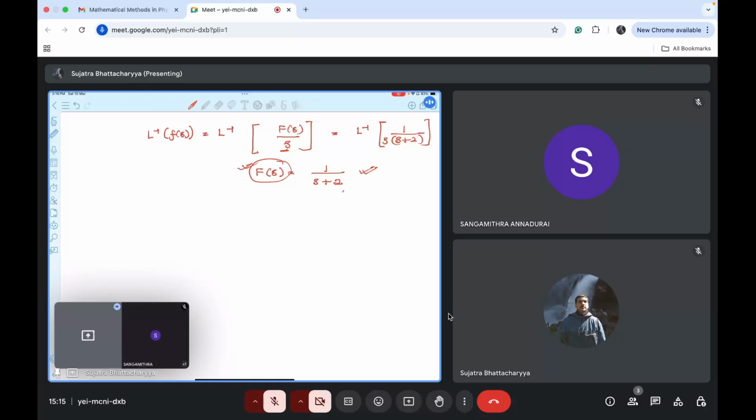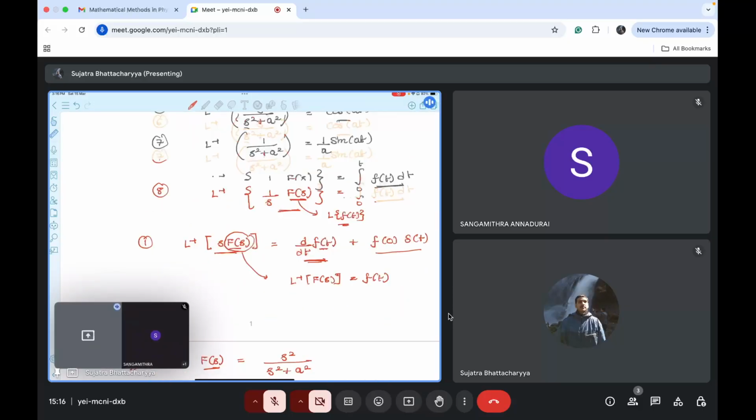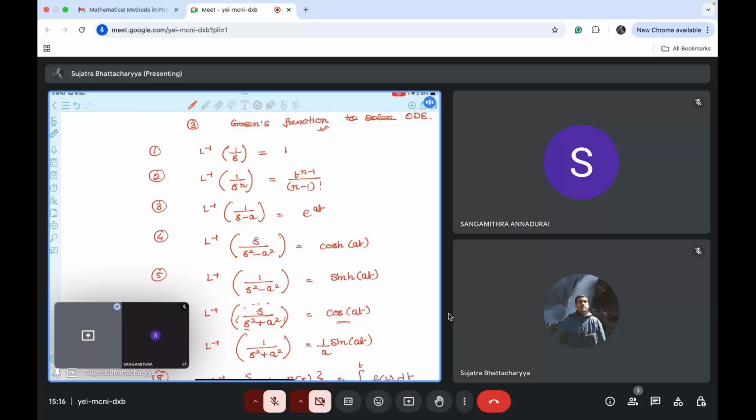That's all. So what will be the inverse Laplace transform? ILT, let's say, inverse Laplace transform of 1 upon s plus 2. Very clearly, from the table, I have 1 upon s plus something, right? S plus 2. But here it is s minus 2. So we can change the sign over here in the exponential.